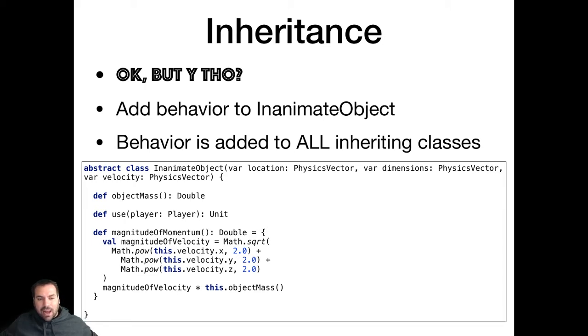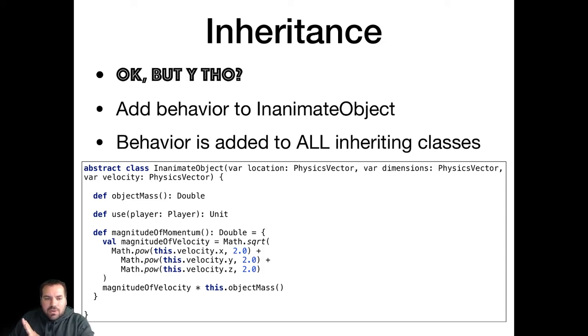I don't care how it's implemented, how you come up with your mass, but everything that extends this has to have a way to compute its mass. Now I can use that fact to call that method, no matter what's extending, whatever that method is, balls or health potions or whatever else, get the mass, call that method, multiply it by the magnitude of velocity, and compute the momentum of any inanimate object.